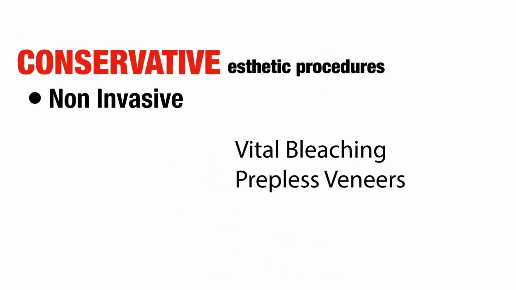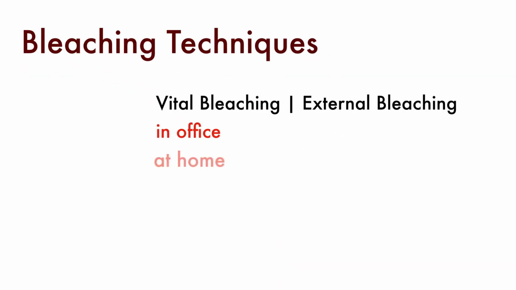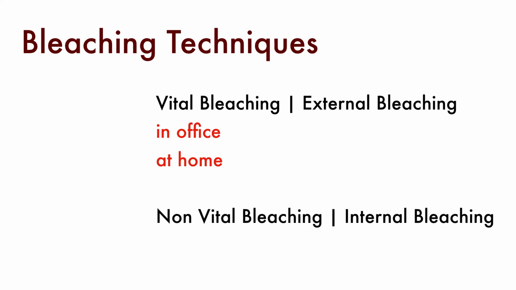Moving towards the conservative aesthetic procedures, we are going to start off with the non-invasive treatment options such as vital bleaching. Today we are going to discuss all about bleaching, which includes vital and non-vital. Bleaching systems can also be used to treat superficial staining and are the only technique available for deeper enamel stains and for staining of the dentine.